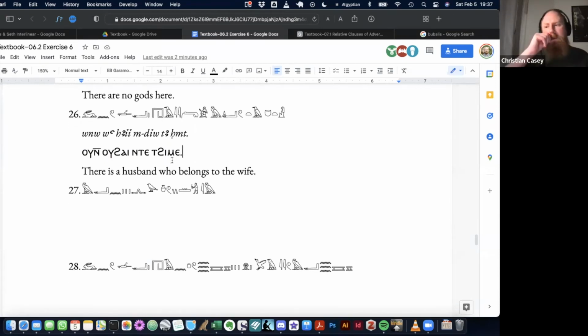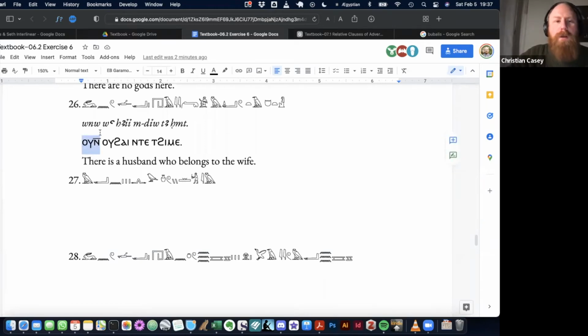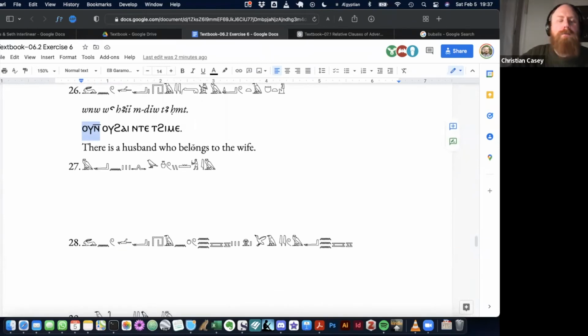If you've never studied an Afroasiatic language, it seems really bewildering that they have no word for have. But if you've studied Arabic or Hebrew, this will be totally natural to you. You express possession using a prepositional phrase and then some particle, some existential predicator. So this sentence could be translated, there is a husband who belongs to the wife, or the wife has a husband.